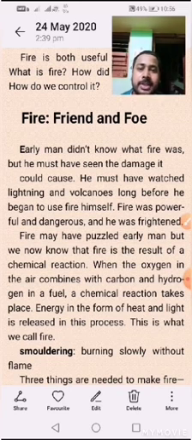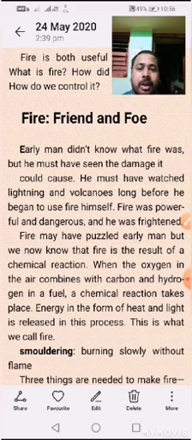When oxygen in air combines with carbon and hydrogen, energy in the form of heat and light is released. This energy in the form of heat and light is called fire. Now you can understand what fire is.